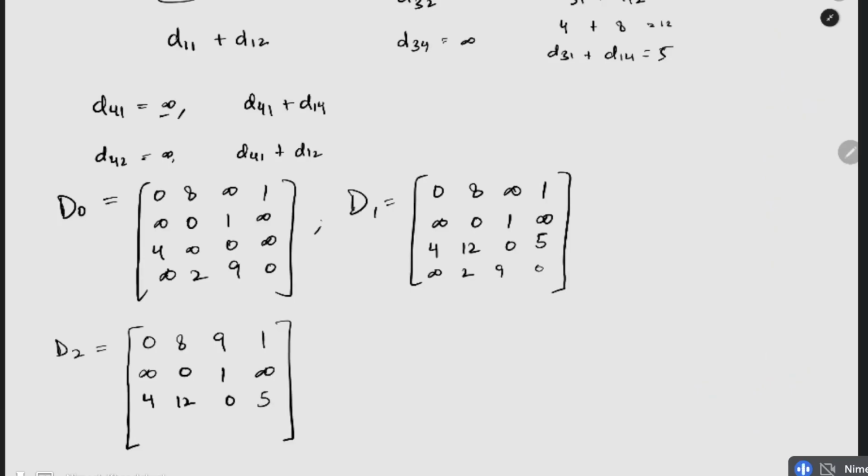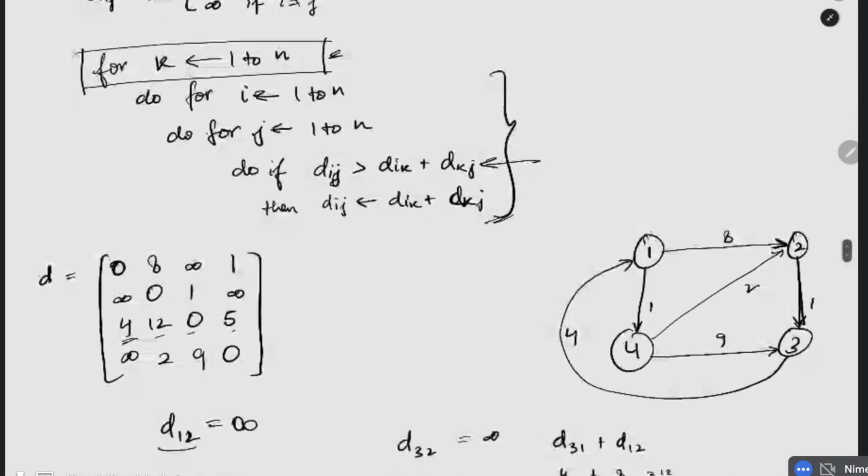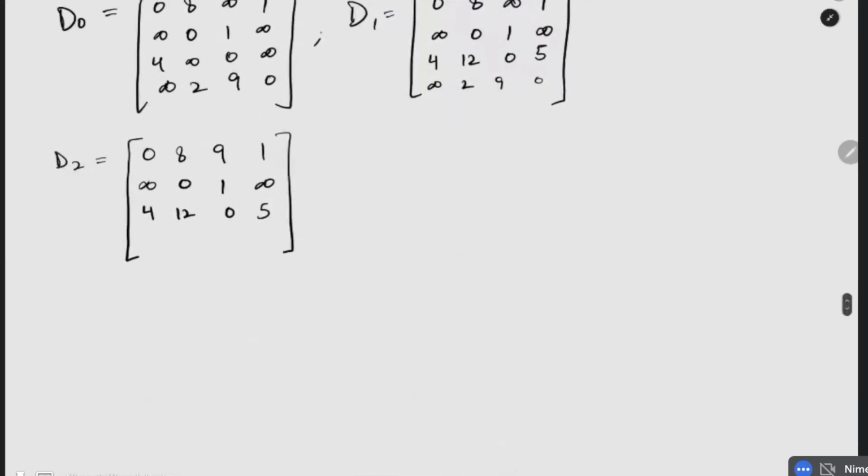And for getting all of these matrices, we are just applying this. For all k starting from 1 to n, we are doing one pass of the matrix, and at every element we are checking this condition, and if this condition is true, then we are updating. That's all we are doing here.